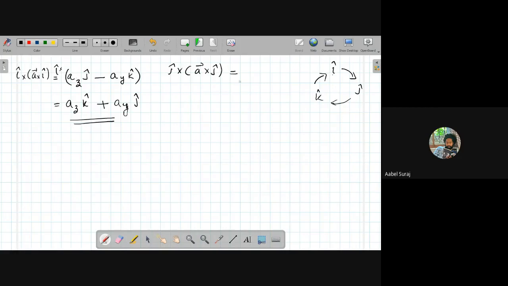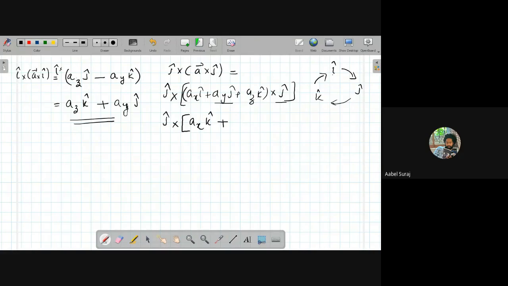Now, what is j cross a cross j? What is a cross j? a cross j means we have ax i cap plus ay j cap plus az k cap, cross j. The j cross j term will not be there because it is 0. i cross j is k, so it is ax into k cap, plus k cross j, which is minus i.